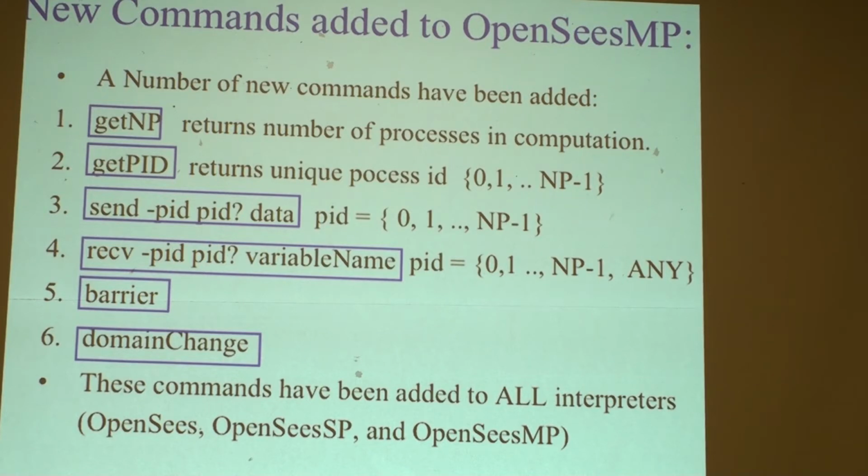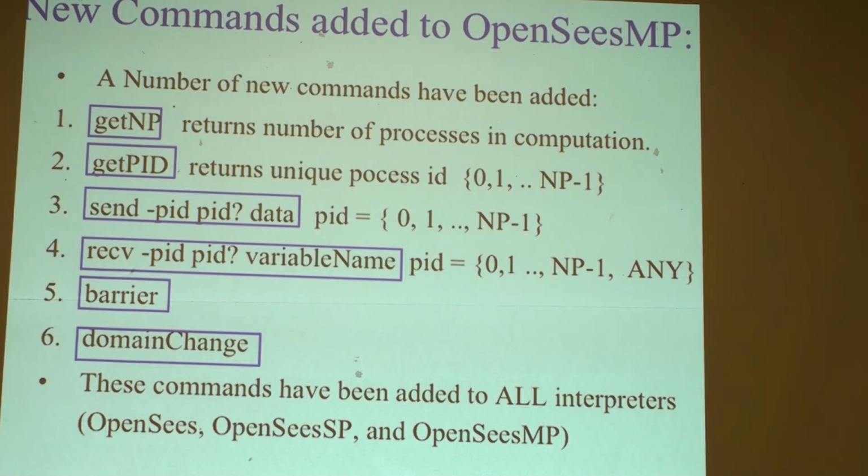With NP, we had to put in some additional commands. If anybody's done any parallel programming using MPI, they'll recognize these commands. These commands are in any parallel programming language. Basically, get NP and get PID: get the number of processes, and get that unique process ID. You can also send and receive messages between processes. There's a command called barrier.